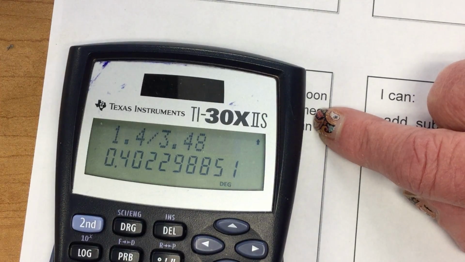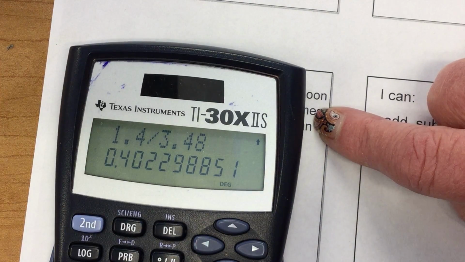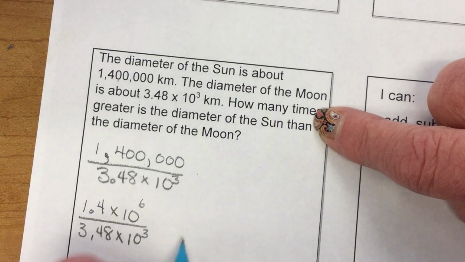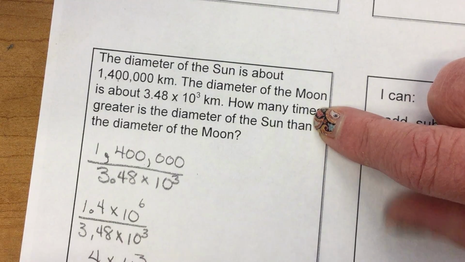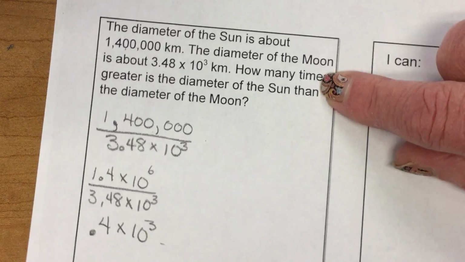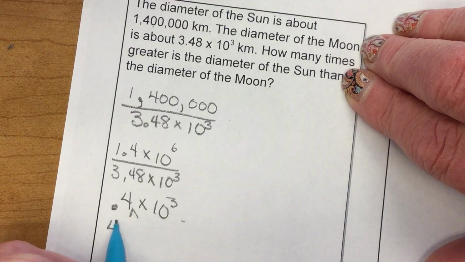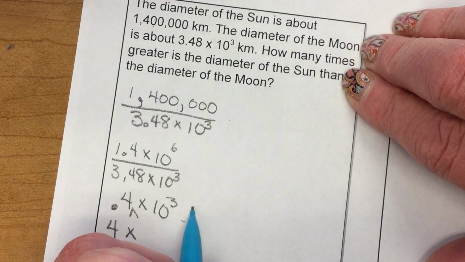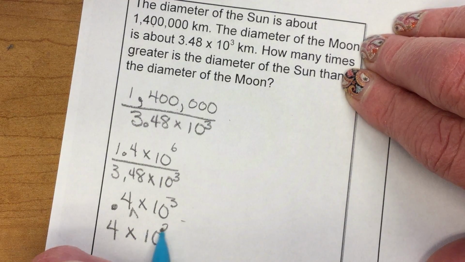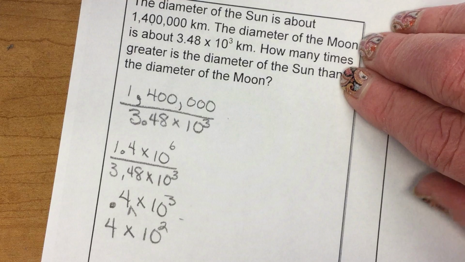And we get decimal 402. We subtract 10 to the 3rd. So not scientific notation, so we move it 1 this way. Because we move to the right, we subtract 1, 10 to the 2nd.